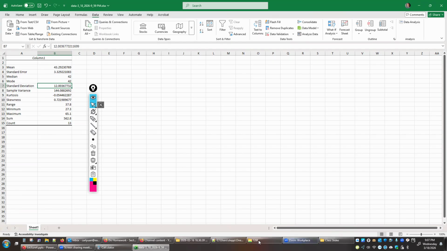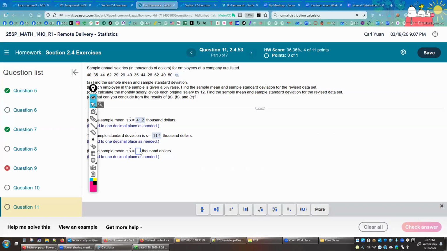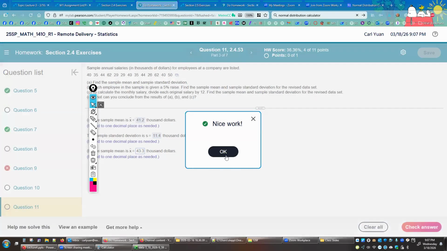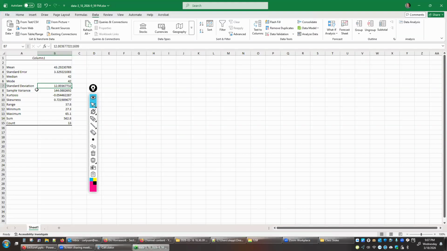So let me go back and put that in. So mean is 43.3. All right. The sample standard deviation, I can also read that off my result from Excel, is 12.0.